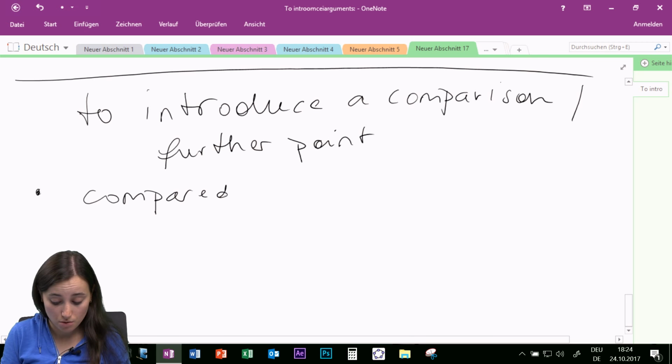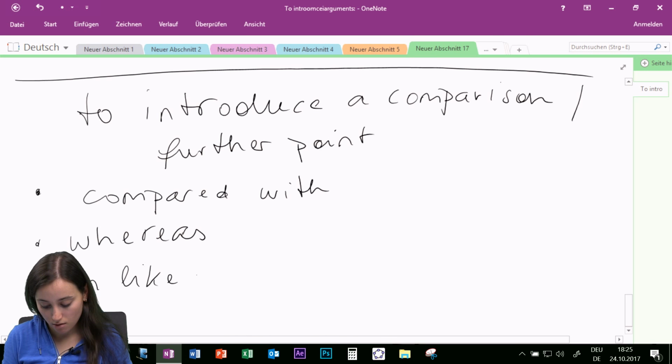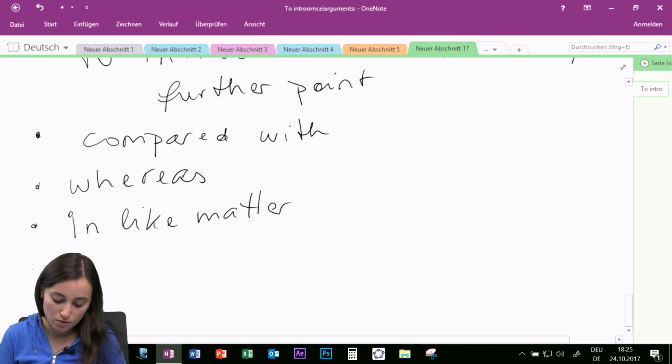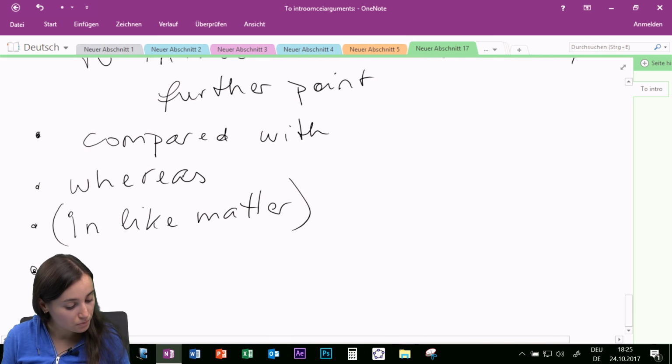Compared with, whereas, in like manner, but in like manner I didn't really use that one before, so I just put it in brackets.